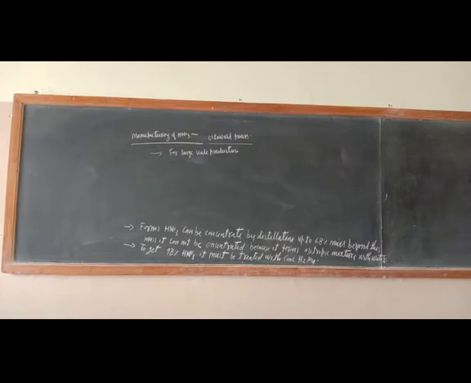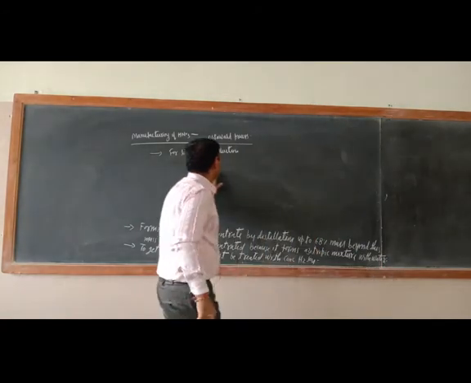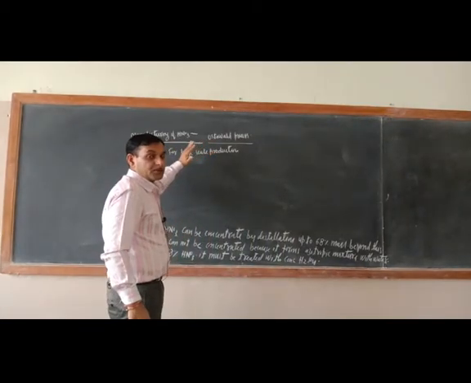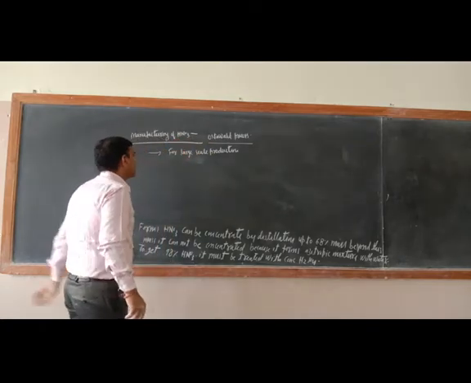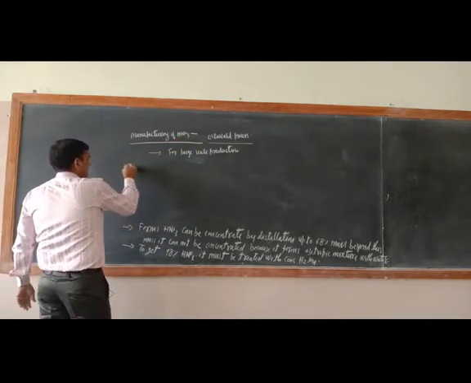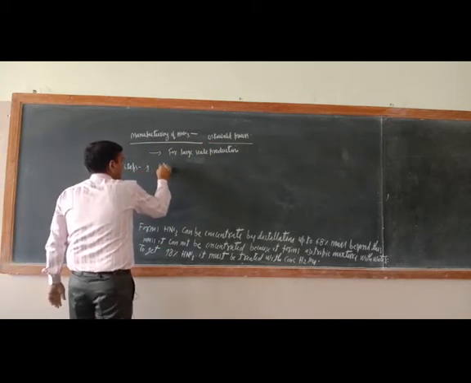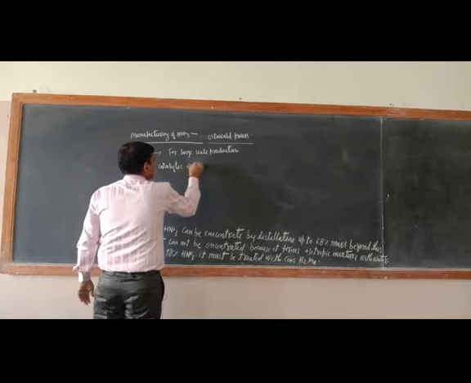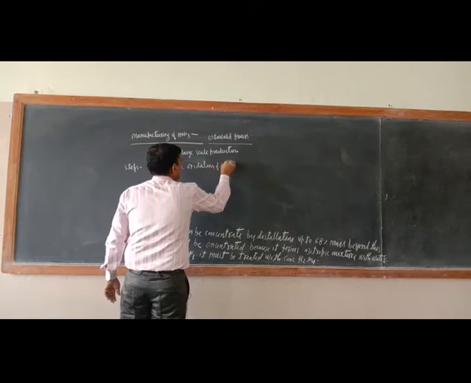Dear cadets, as far as the large scale production of HNO3 is concerned, it can be prepared by the Ostwald process. So for commercial scale production of HNO3, we use this one. Now how many steps are there? Just see. Step number one is the catalytic oxidation of ammonia, catalytic oxidation of NH3.